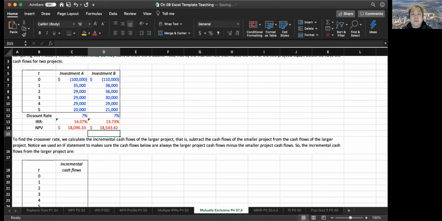Why does this happen? It happens since the two NPV profiles cross over. First, we can find the crossover rate, which makes both NPVs indifferent. Let's set NPV A equal to NPV B. Then NPV A minus NPV B equals 0.